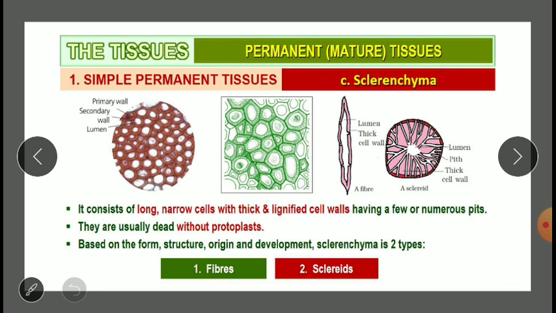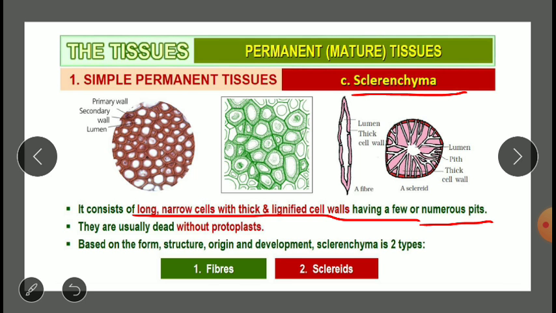Coming to the third type of permanent tissue, that is the sclerenchyma. The sclerenchyma consists of long, narrow cells with thick lignified cell walls having a few or numerous pits. Parenchyma and collenchyma have a cell membrane within which the cytoplasm and nucleus are present, which makes them living tissue.